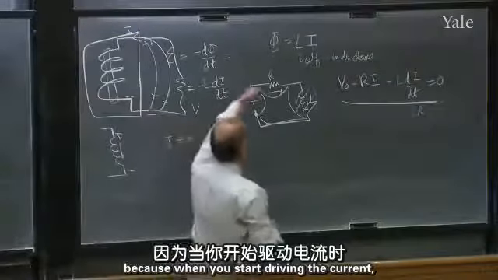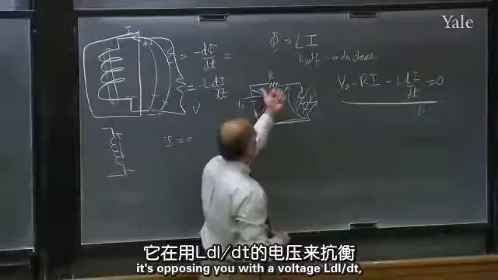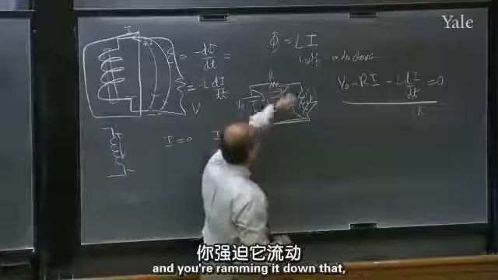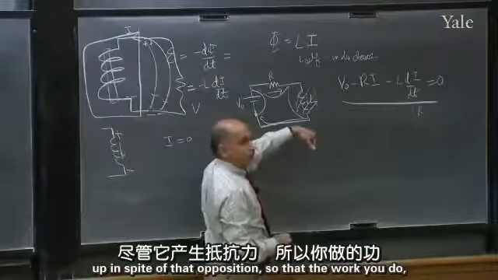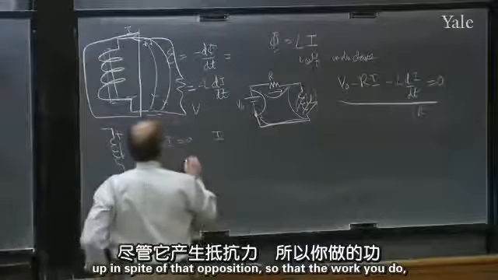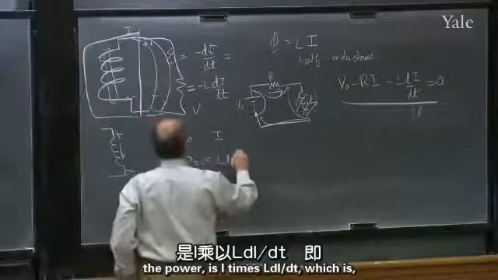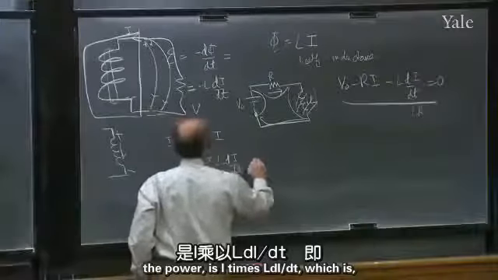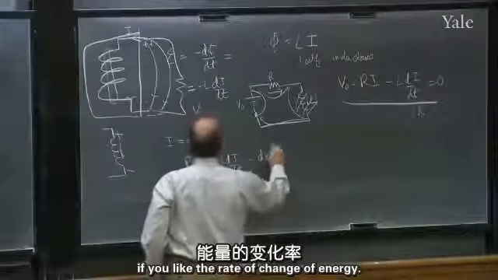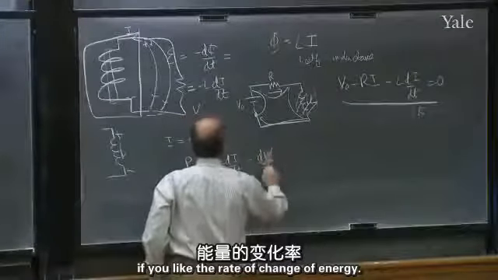Because when you start driving the current, it's opposing you with a voltage L di/dt, and you're ramming it up in spite of that opposition, so that the work you do, the power, is I times L di/dt, which, if you like, is the rate of change of energy.